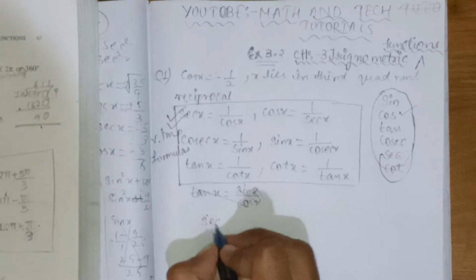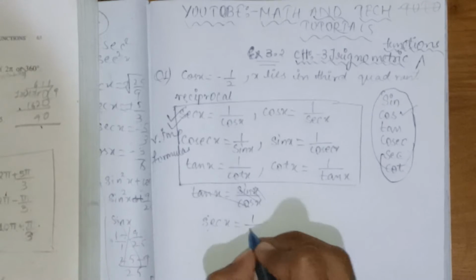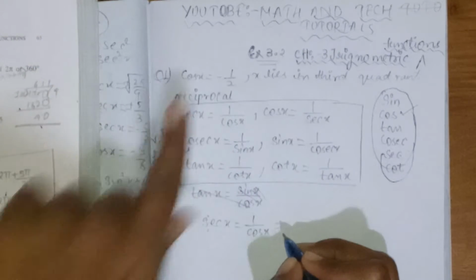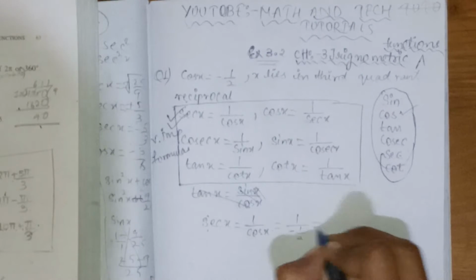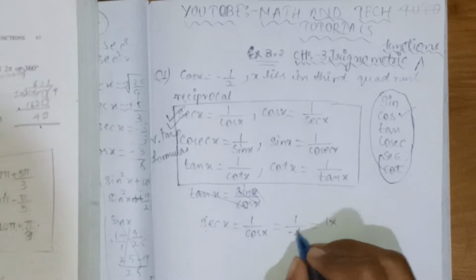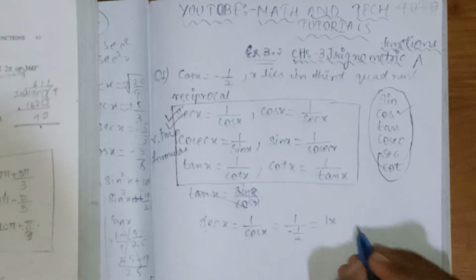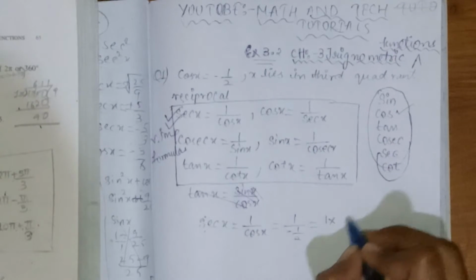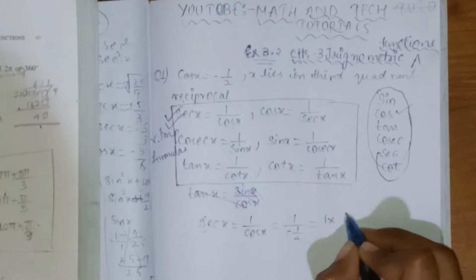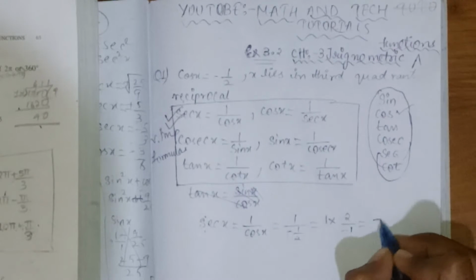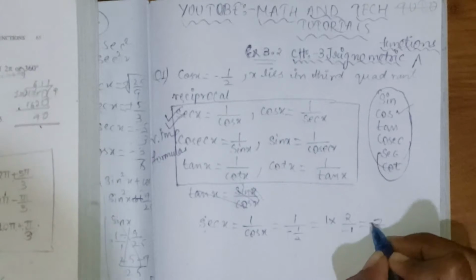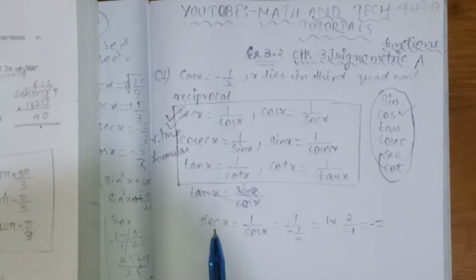Secant x is equal to 1 by cos x. Cos x, the value is minus 1 by 2. So 1 divided by minus 1 by 2: we reciprocate the lower one, 2 by minus 1. So 1 into 2 by minus 1, that is minus 2. This is the value of secant x.